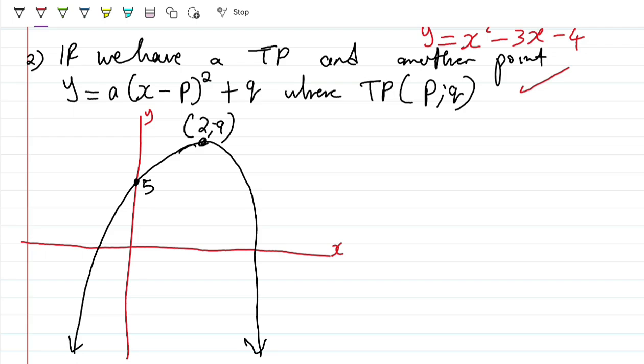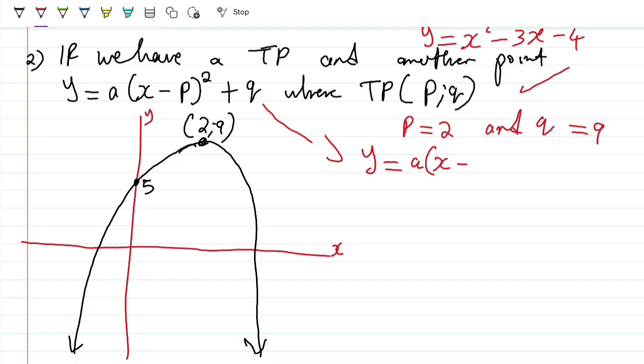The turning point is given as (2, 9), which means p is 2 and q is 9. So we substitute: y equals a into (x minus 2) squared plus 9.